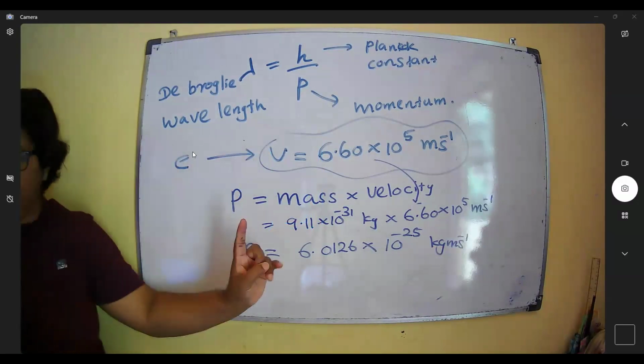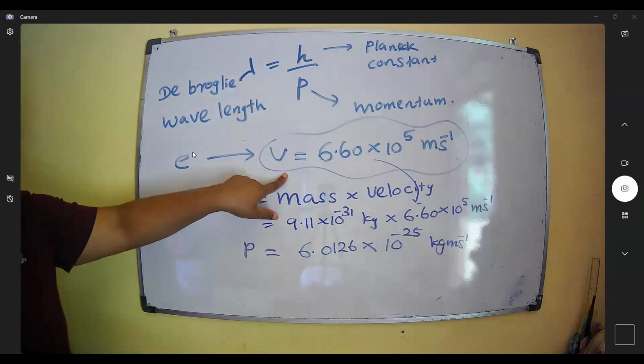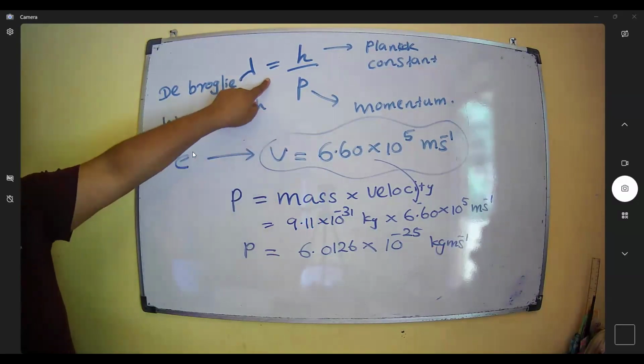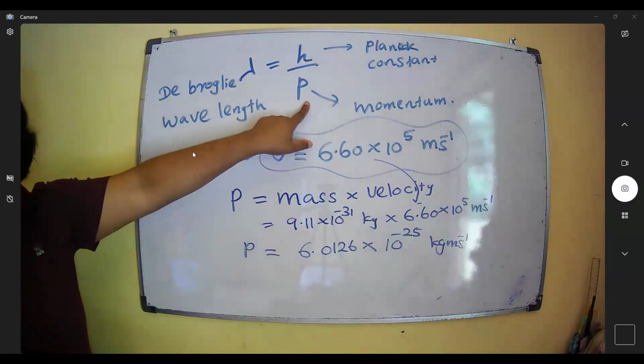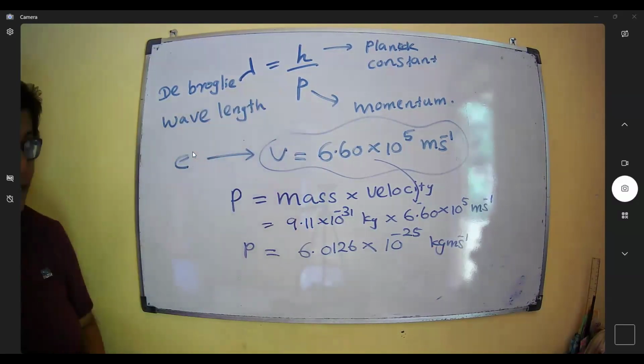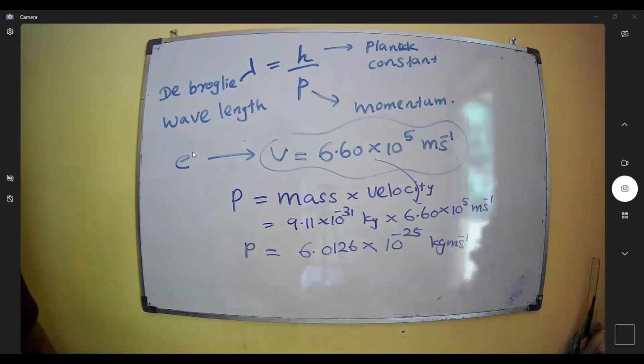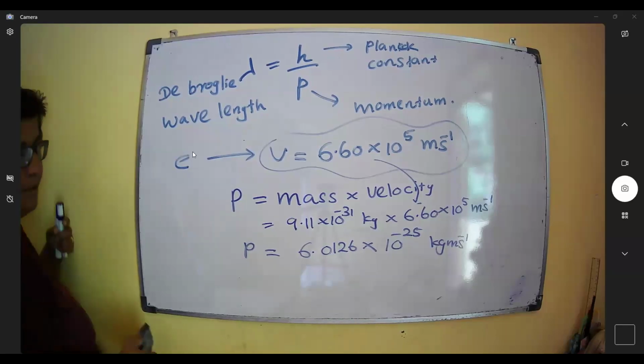The question is, what is the de Broglie wavelength associated with this electron? Then we can substitute the value for momentum, and the Planck constant we already know, 6.626 × 10^-34. Then we can find the de Broglie wavelength.